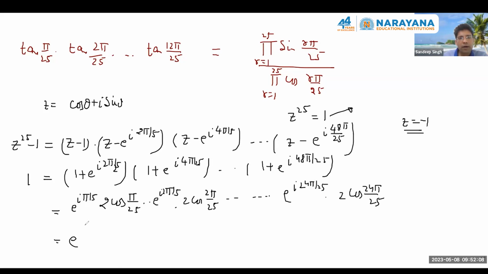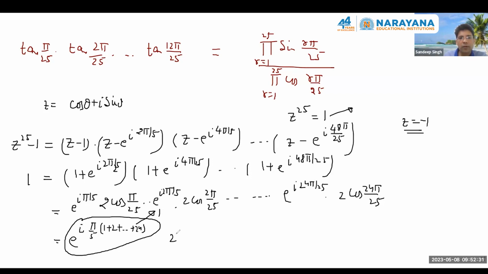If I take e power iota pi by 25 common, this will be the sum of 1 plus 2 up to 24. And what is that sum? That is 12 into 25. So obviously it will be e power iota integral multiple of 2 pi, so this value will be 1.